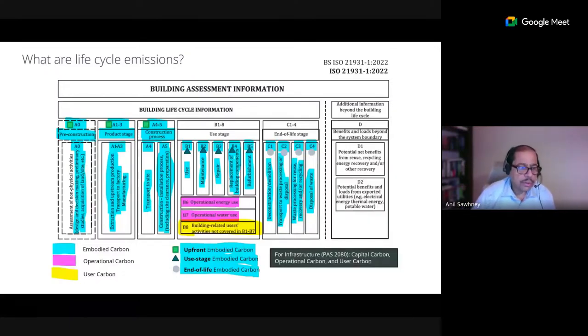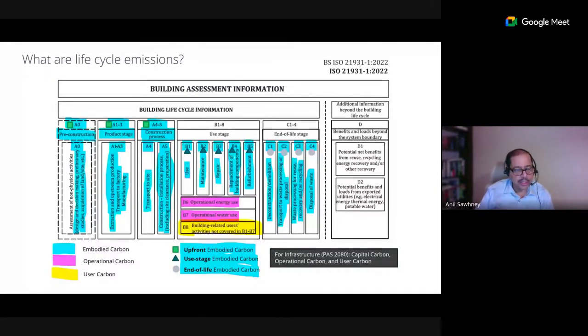So if you look at the assessment information, it spans modules A, B, C, and D. The building life cycle itself, we consider modules A, B, and C. D is considered outside the system boundary.